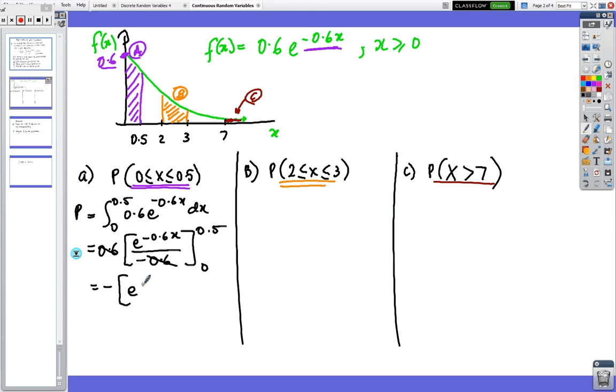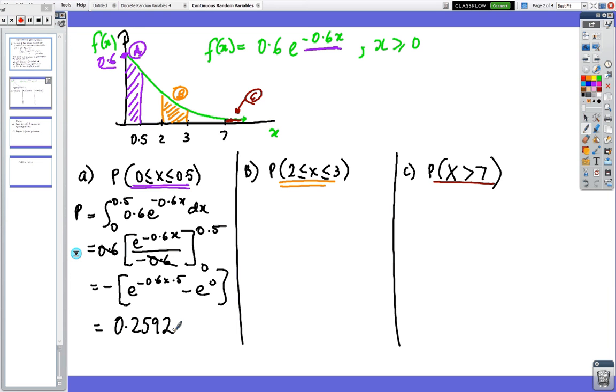We get e to the minus 0.6 by 0.5 minus e to the 0, and you just put that in your calculator, and according to the textbook, that answer is 0.2592. So it's just straight calculator skills.